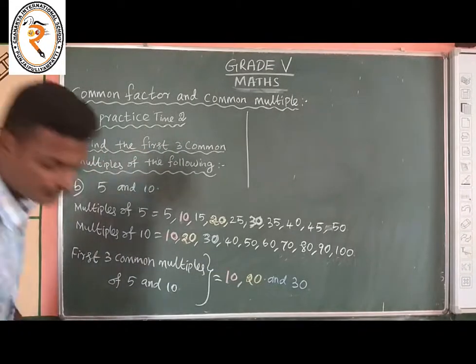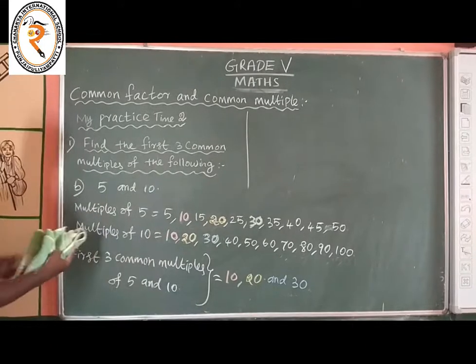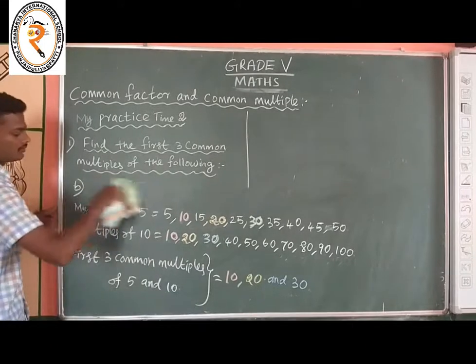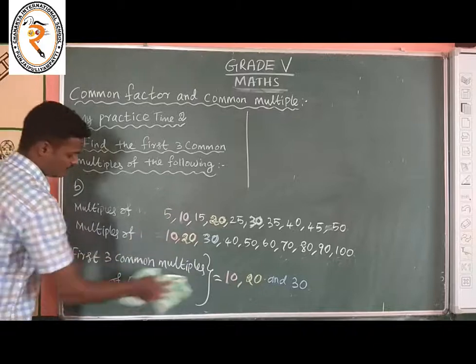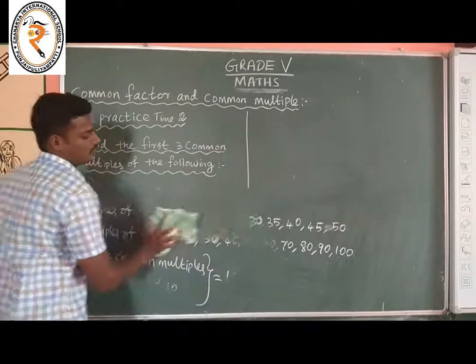Next one, 4 and 6. Common multiples of 4 and 6.